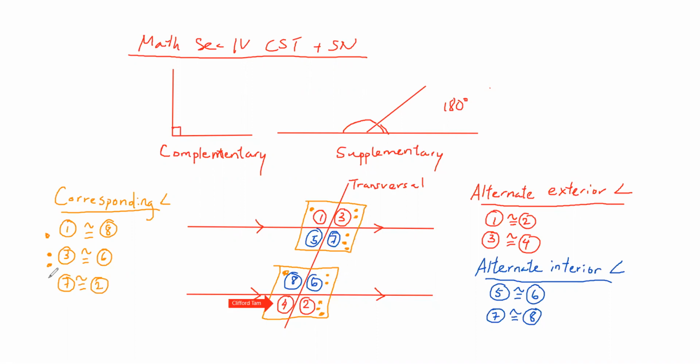So this is my 1, 2, 3. I'm going to separate it so that you guys don't get confused here. And last but not least, 1, 2, 3, 4. Angle 5 is indeed corresponding to angle 4.